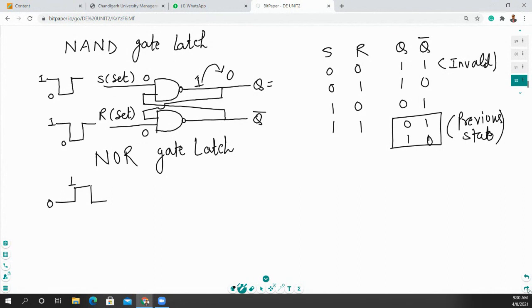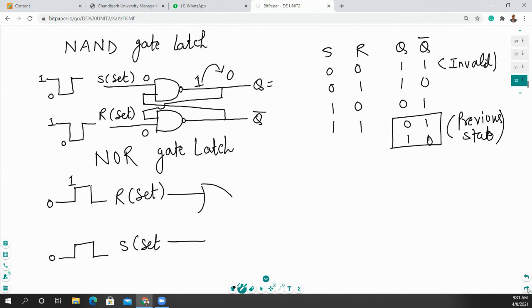This is 0, this is 1. Okay, and here you have to set this R as the reset, and another input you have to provide like this. This is S as a set. These two inputs should be provided to the NOR gate.